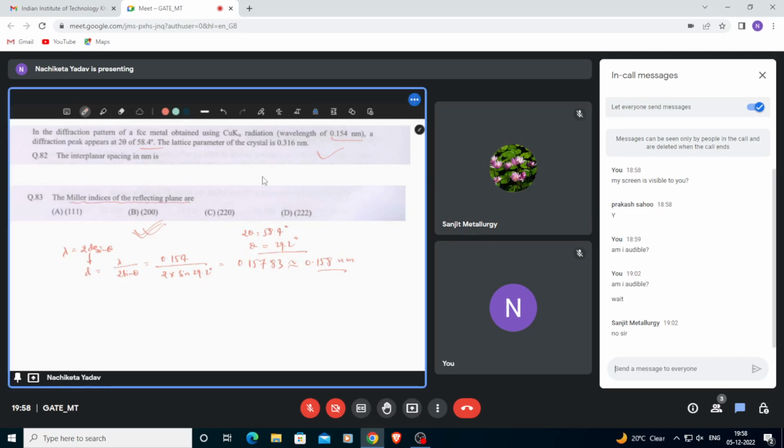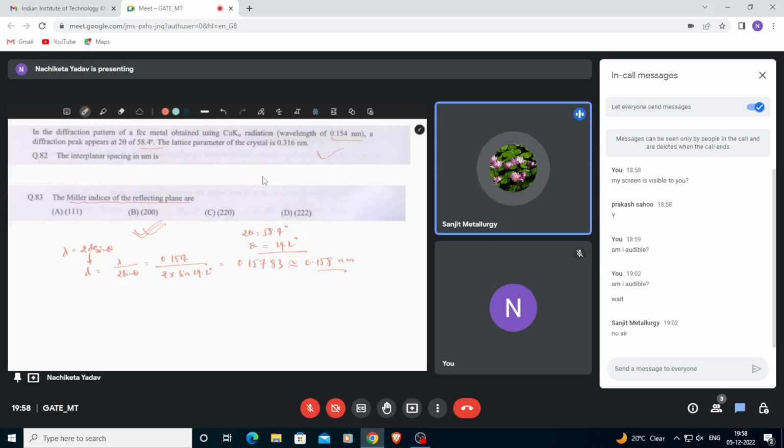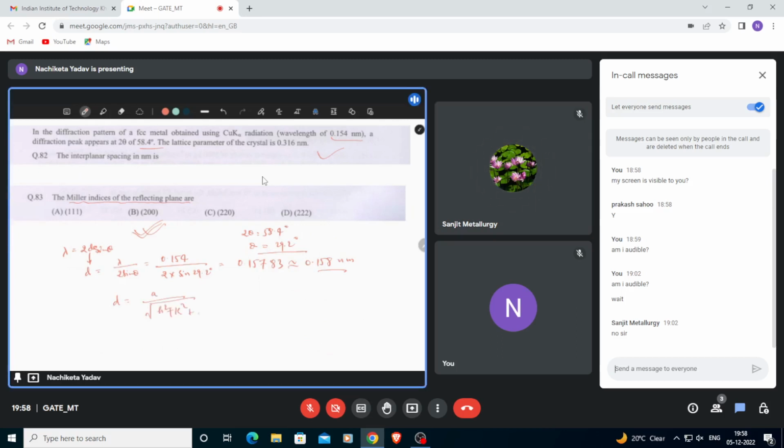Yes. So if you put the values, the a value is given as 0.316 and the d value we are getting is 0.158. So the ratio will be 2. So h square plus k square plus l square value will be 4. And it is FCC, given.